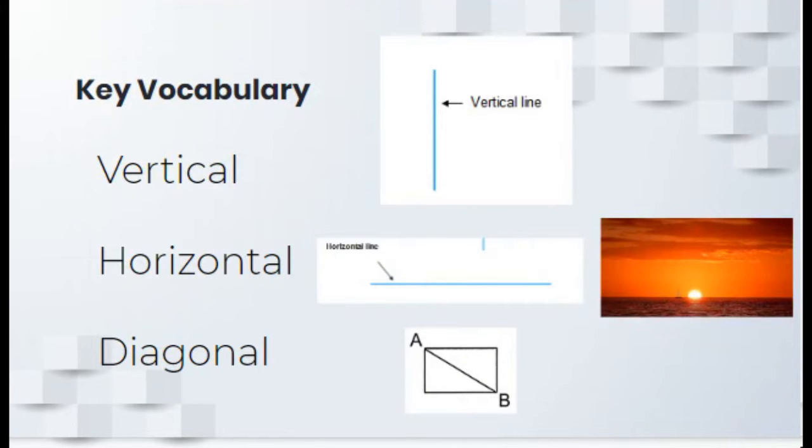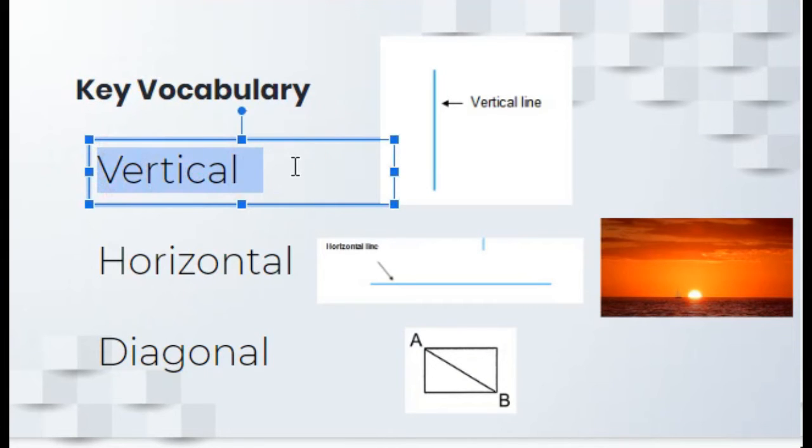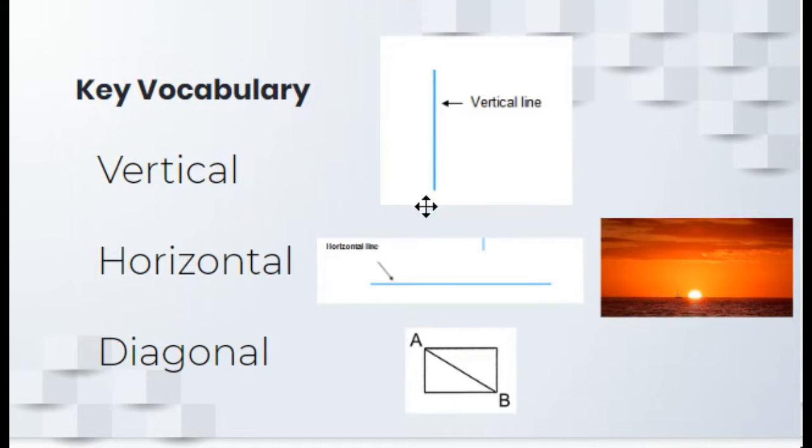Some other vocabulary that would be helpful for you to know are exactly how to describe where that line of symmetry is. So we have that it could be vertical, a vertical line of symmetry. Vertical means up and down. So anything that is going in a straight line up and down, that's showing vertical. If it's horizontal, it's going from left to right or right to left.